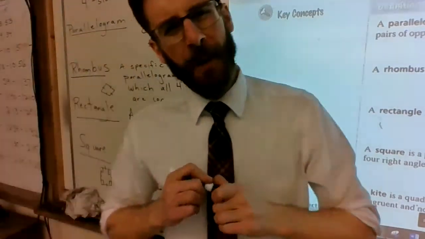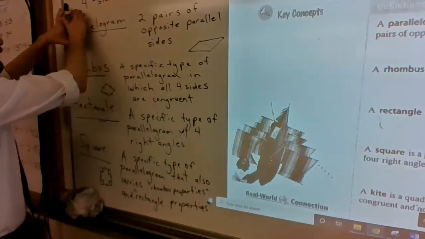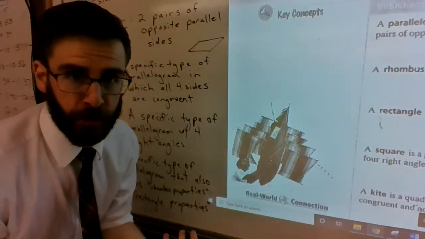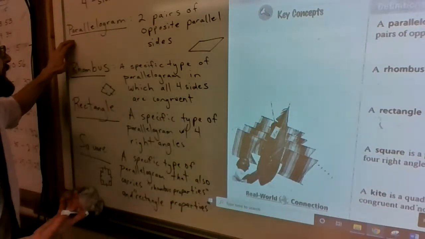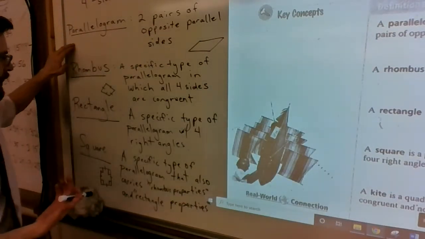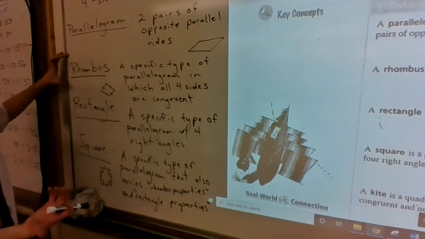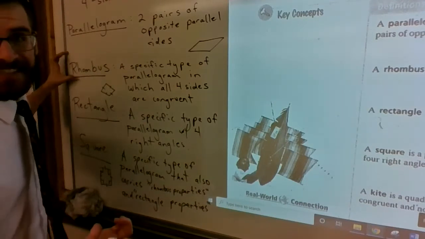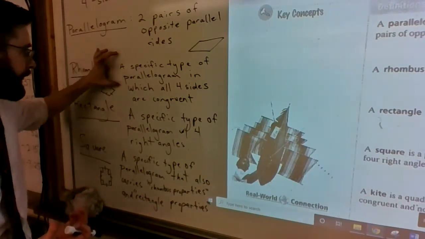So, you know what? Think about it maybe like this. Think about the parallelogram as sort of a broad generalization of somebody. So maybe parallelogram, let's talk football. A football player, all right? Rhombus could be a specific type of football player, maybe a linebacker.